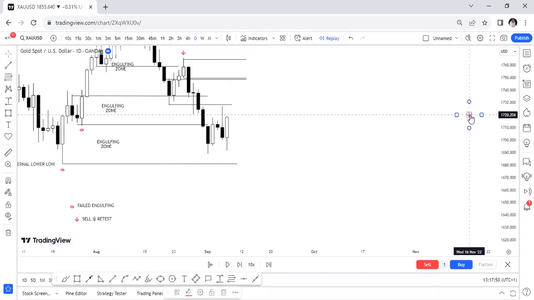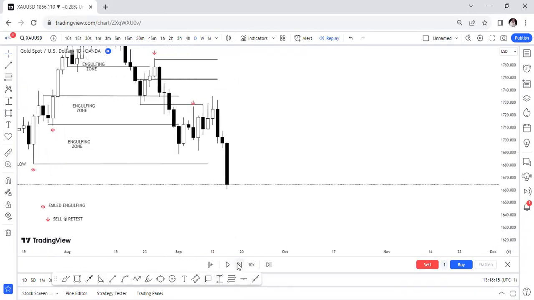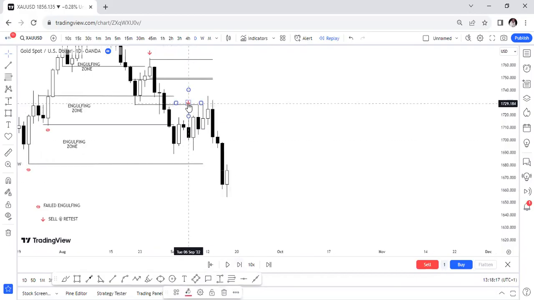You can imagine we have another sell here into this zone, because this is still under the failed engulfing zone. Can you see price broke through it with this also together, and we have a pullback into the zone. So you sell here again, then you see another good sell. You're going to add more sells as you are getting more confirmation.